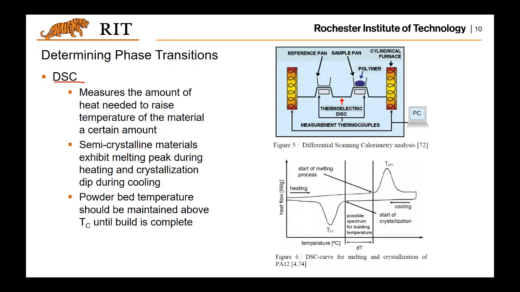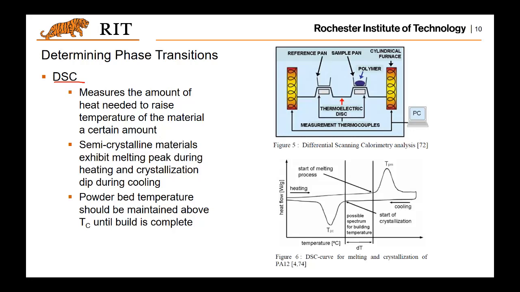It measures the amount of heat needed to raise the temperature of the material a certain amount. So basically, it estimates the difference in heat before and after you raise the temperature.